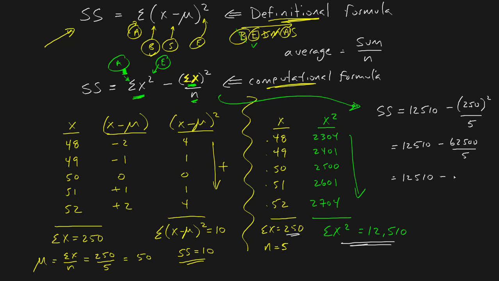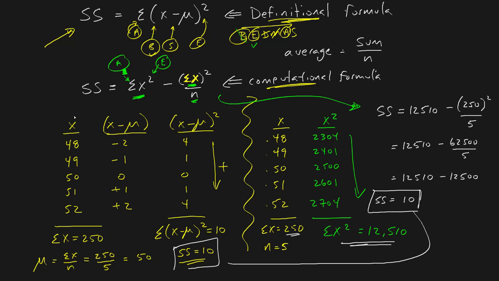When you work this out, it comes out to be 12,500. And so the answer ends up being 10. So the sum of squares is 10. This is the same as what we got when we did the definitional formula.